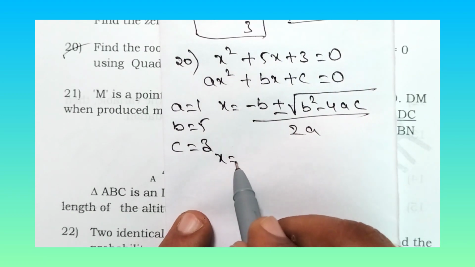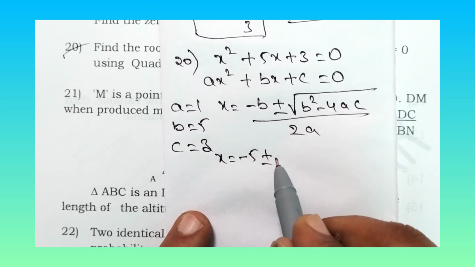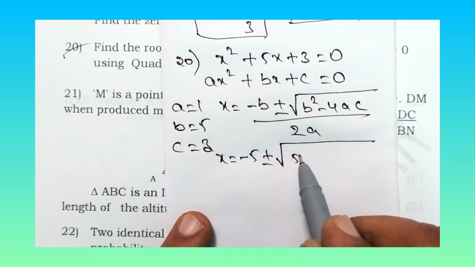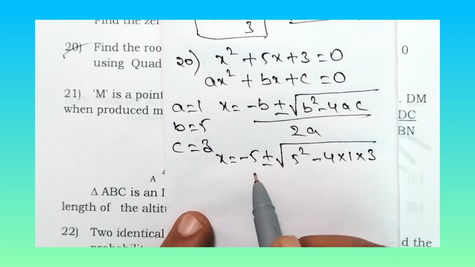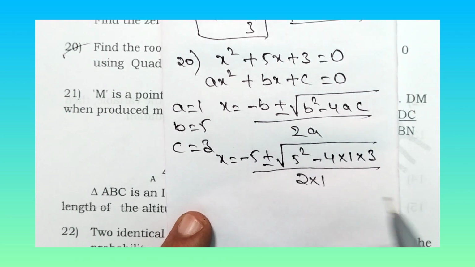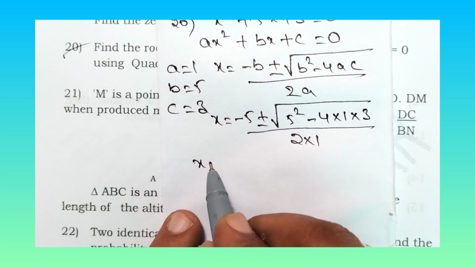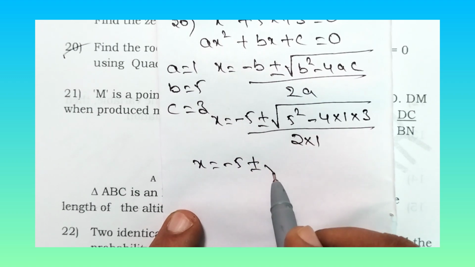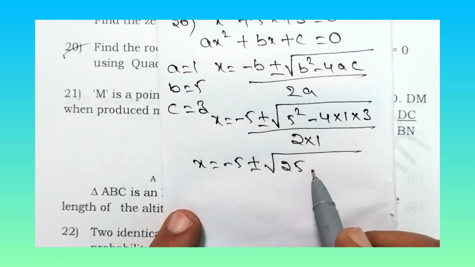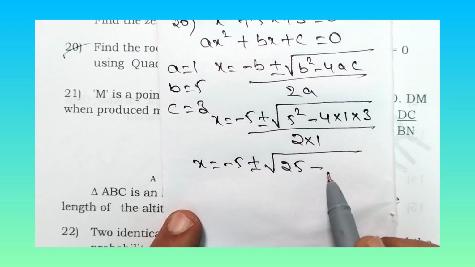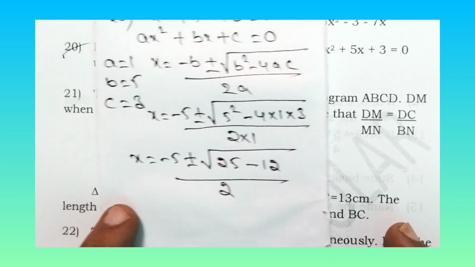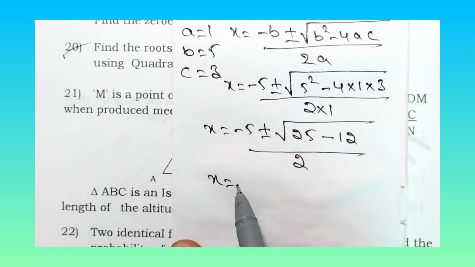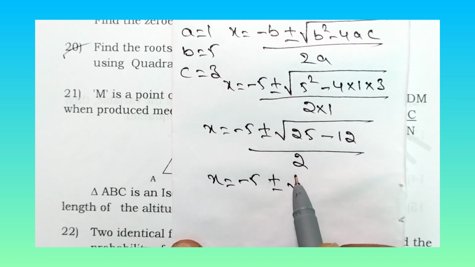So x is equal to minus 5 plus or minus square root of 5 square minus 4 into 1 into 3 divided by 2 into 1. So x is equal to minus 5 plus or minus square root of 25 minus 12, which is 13, divided by 2.